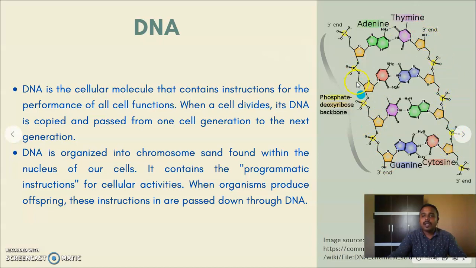These two strands are connected together by their nucleotide base pairs, that is adenine and thymine. So adenine, thymine, guanine, cytosine, these four are the basic components which connect one strand of DNA to another strand of DNA, forming the double helix structure of a DNA.